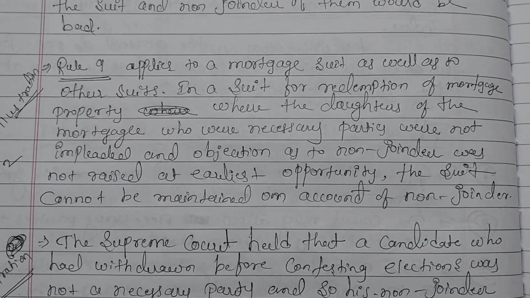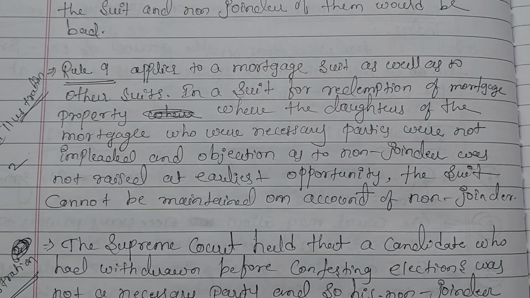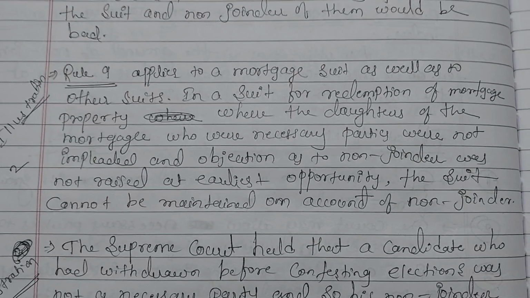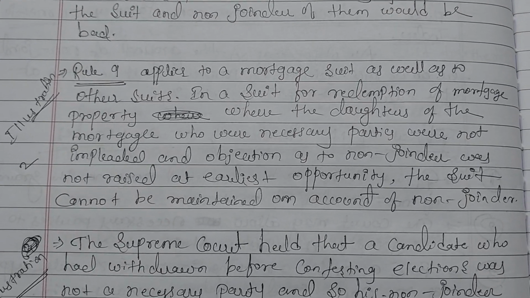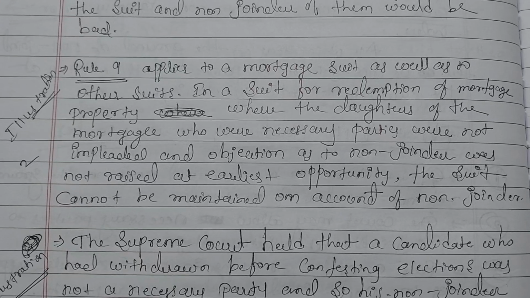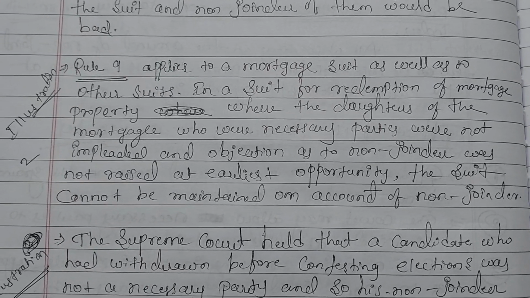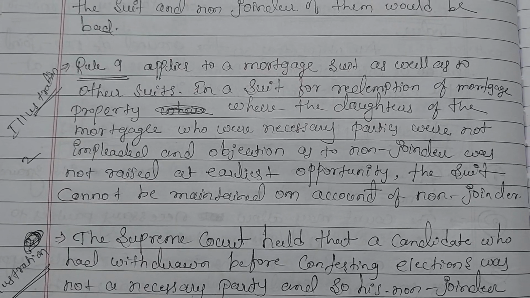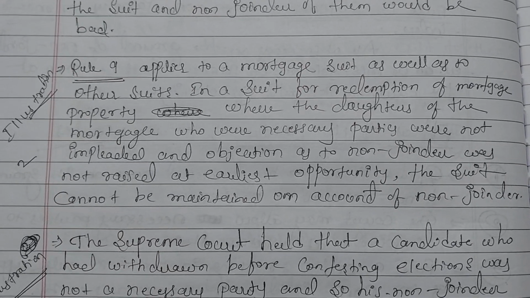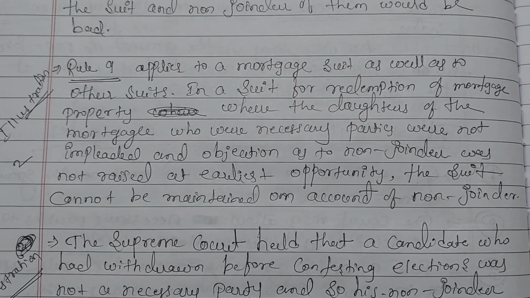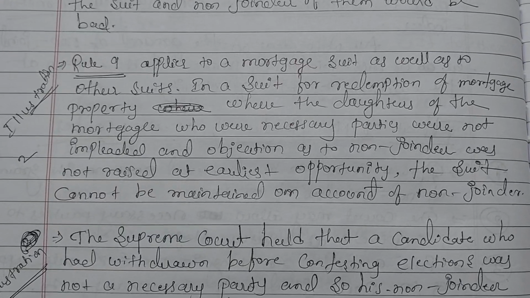In a suit for redemption of mortgaged property where the daughters of the mortgagor, who were necessary parties, were not impleaded and objection as to non-joinder was not raised at the earliest opportunity, the suit cannot be maintained on account of non-joinder.